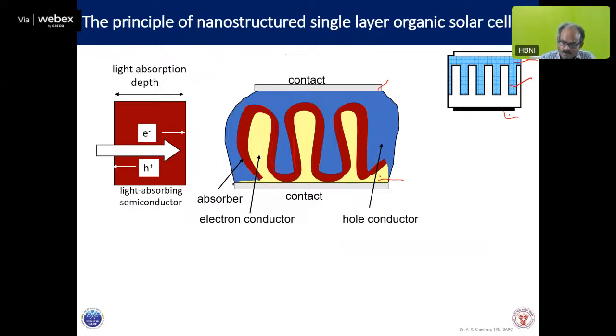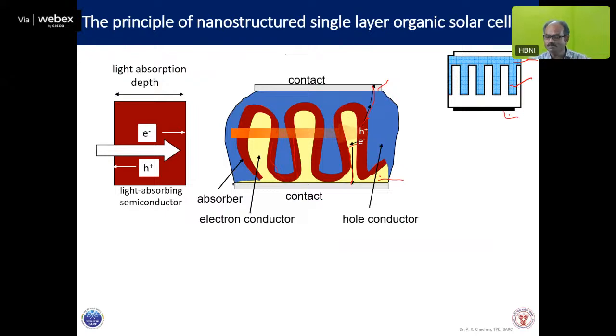Now whenever these electron-hole pairs are generated in this blend, which we call the active layer, they can find a boundary very near, and here they can get dissociated. Then the electrons are collected on this side, and the holes are collected on that side.